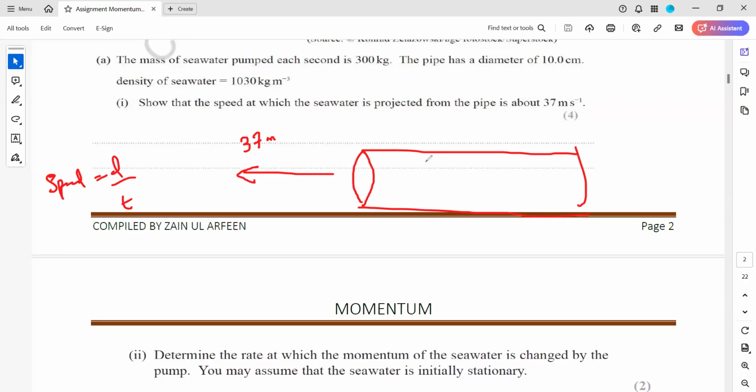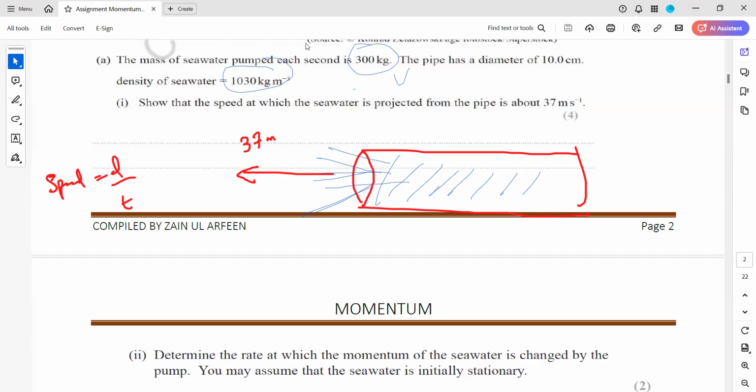But what you know is the mass which is coming out, and you know the density of the seawater. So from mass and density, you can work out what volume is coming out from the pipe. That is one thing. So we'll get the volume which is coming out from the pipe, because density is mass over volume. So volume is mass divided by density.